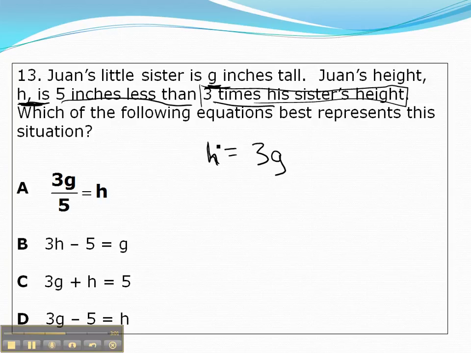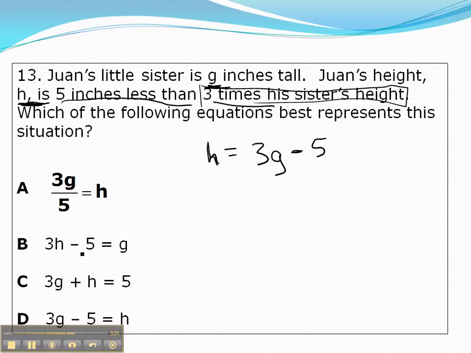But his height doesn't equal 3 times his sister's height. It equals 5 inches less than 3 times his sister's height. So subtract 5 from the 3g, and we have Juan's height. H equals 3g minus 5. Let's see if we can find an equation that looks exactly like that. H equals 3g divided by 5. That doesn't look right.